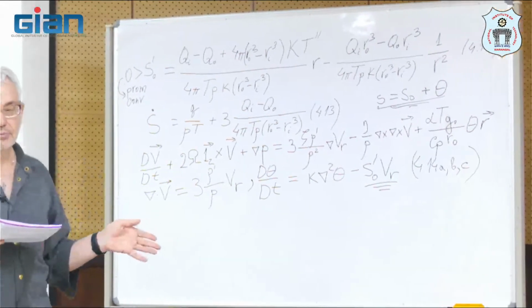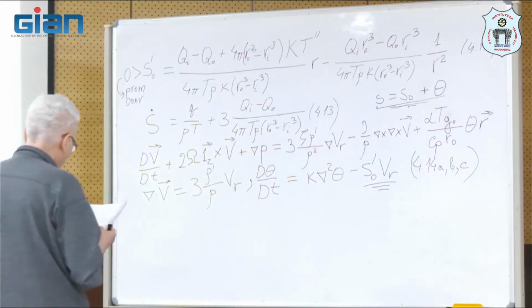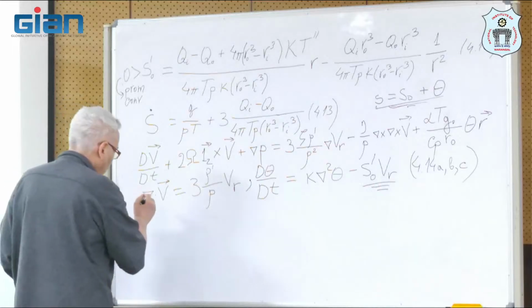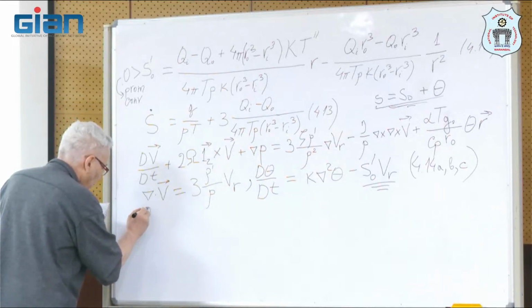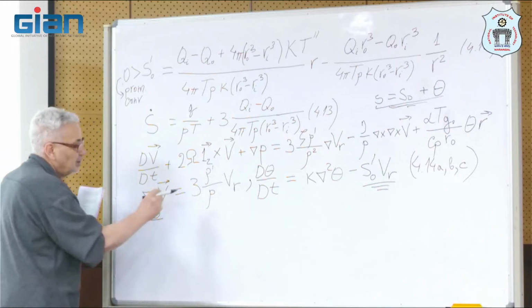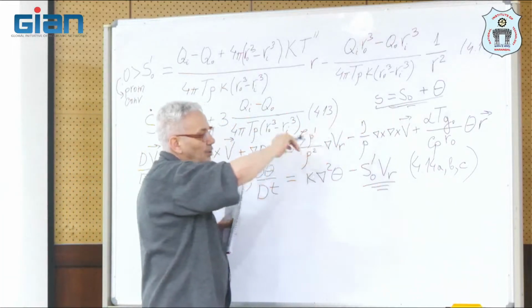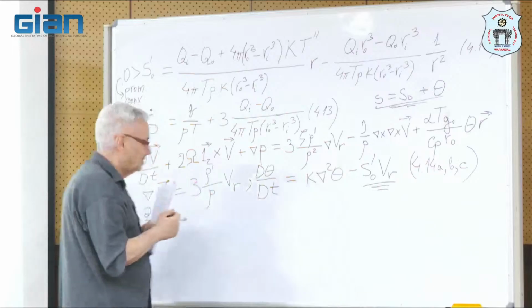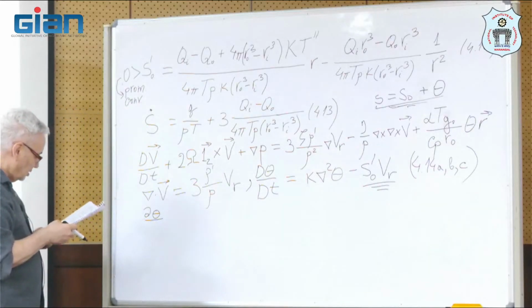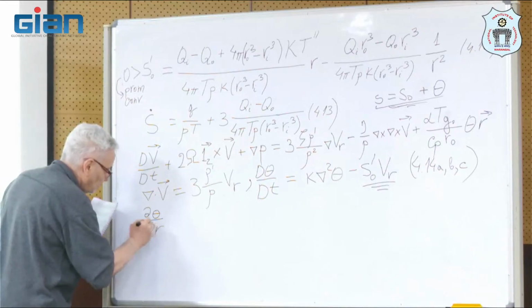I will not list them here because everybody knows, but we should specify the boundary condition for the entropy. So finally we have d theta, more precisely not the entropy, but the entropy part which is on top of the hydrostatic part and on top of adiabatic as well, d theta by dr.